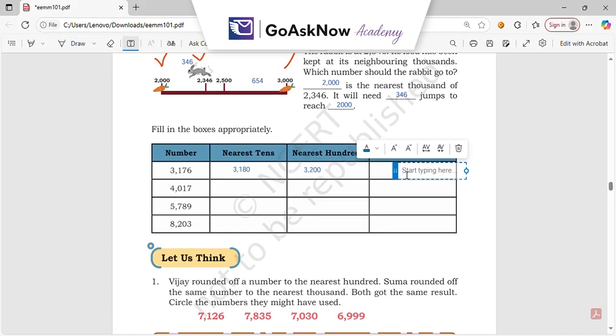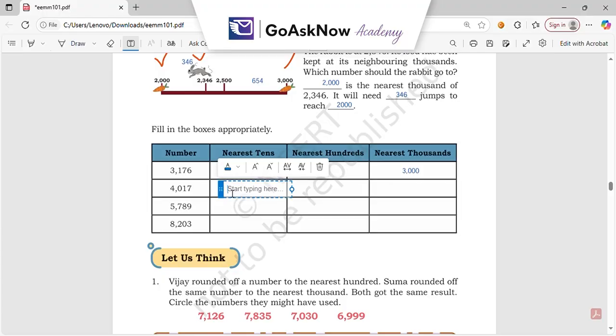In thousands, 176 is smaller, so we take 3000. After that, 1017, rounding to tens, 17 is nearest to 20, so 1020. Then hundreds, it is so small, so we go with 1000. Rounding to thousands, it is also 1000.